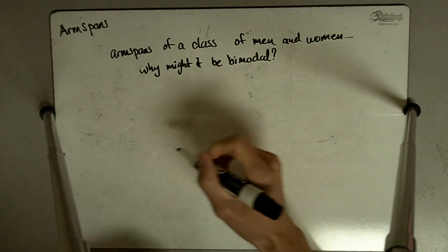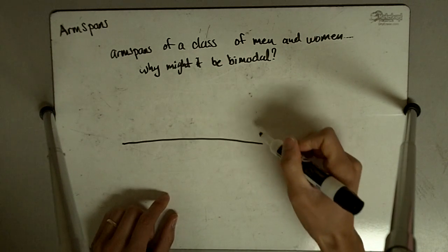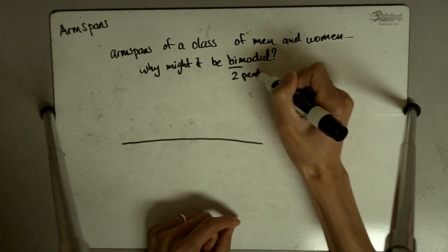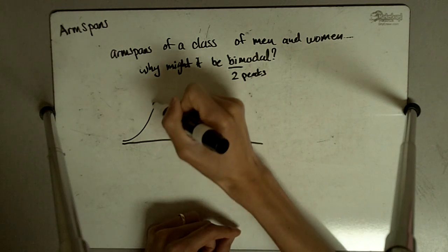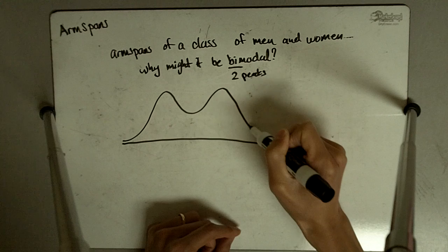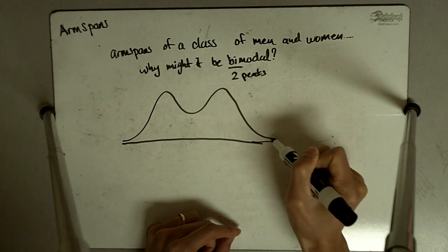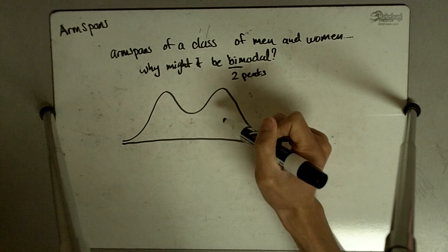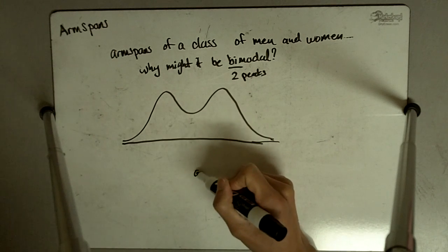Okay, so bimodal means we've got 2 peaks. Alright, so we got something that looks like this, like a camel's back, and it would have 2 peaks, okay, and so this is arm span.